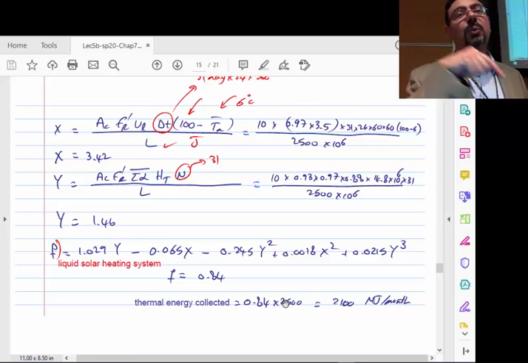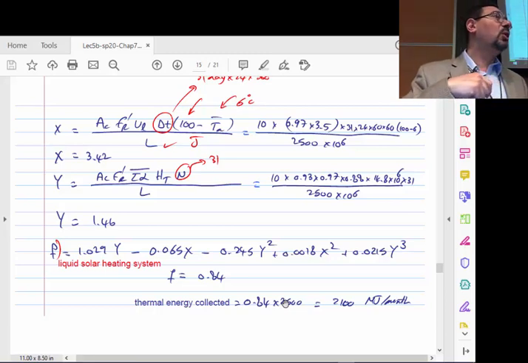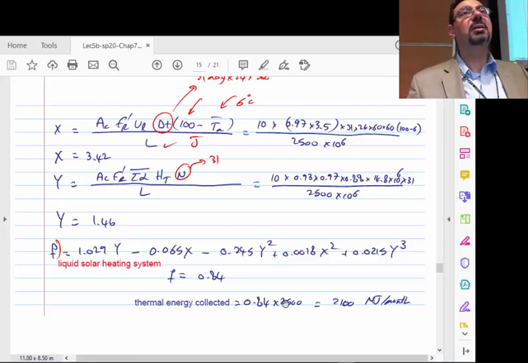In the homework, there are 2 problems. One of them says, calculate the number of collectors to meet 10% of the load every single month. That basically means you probably need to go for the weakest link, the month with the largest load but the smallest incident radiation, and you need to make sure that this month is 10%.